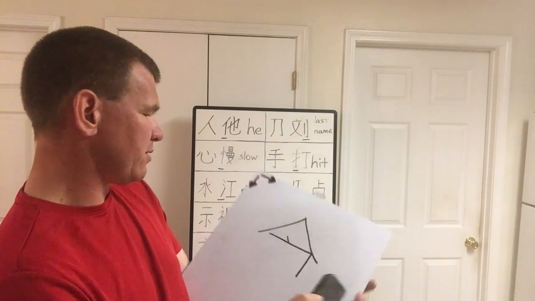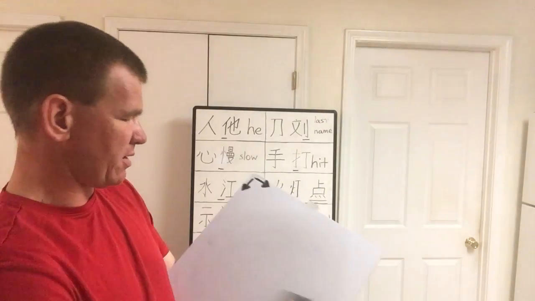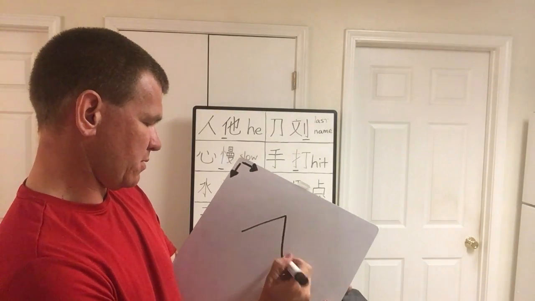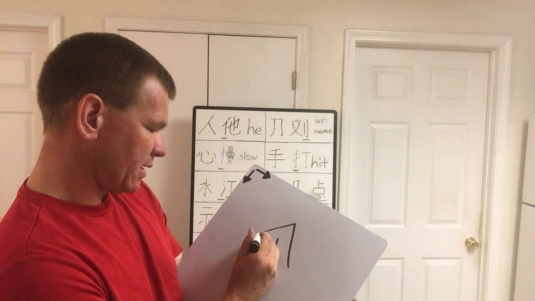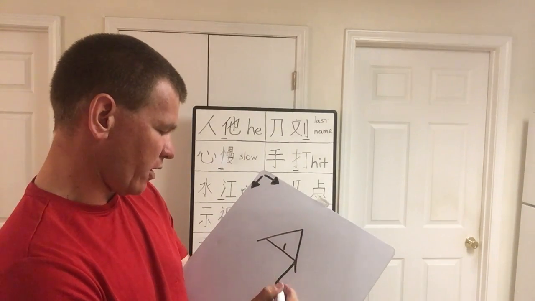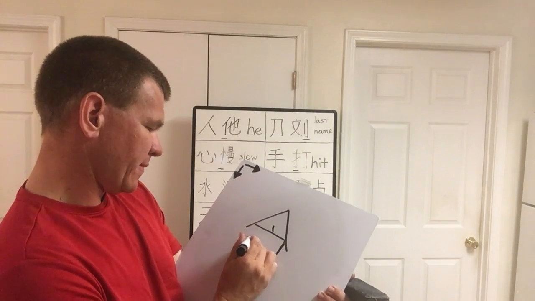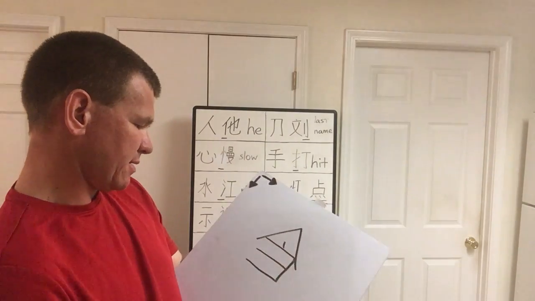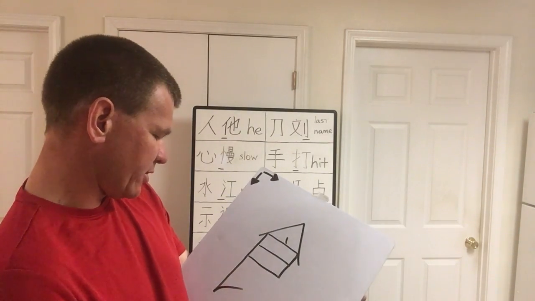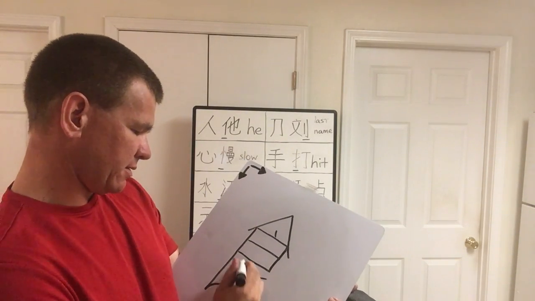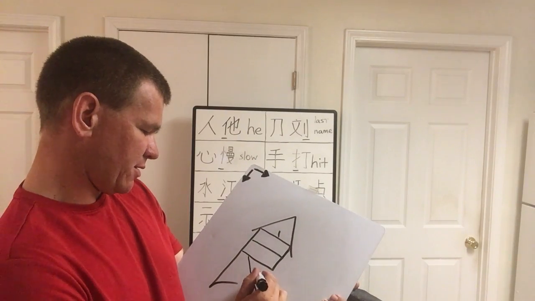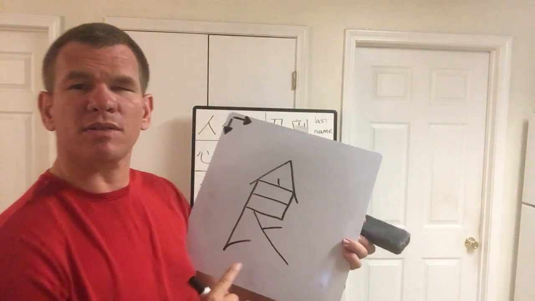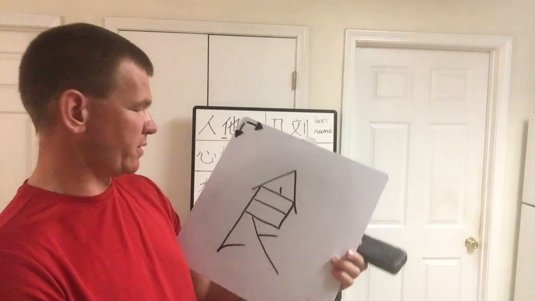And actually that does touch, so let me make it touch. 1, 2, 3, 4, 5, 6, 7, 8, 9. That does touch too. So that's what it looks like by itself, meal or food.